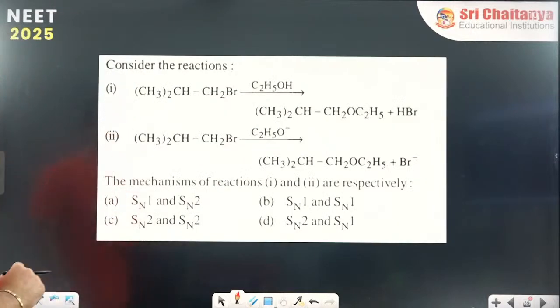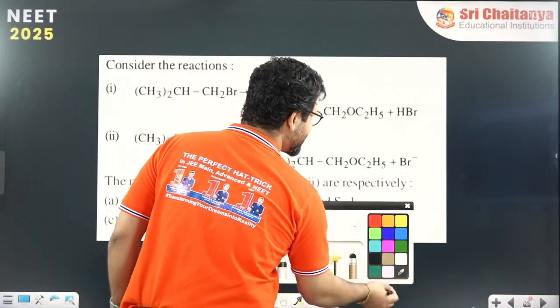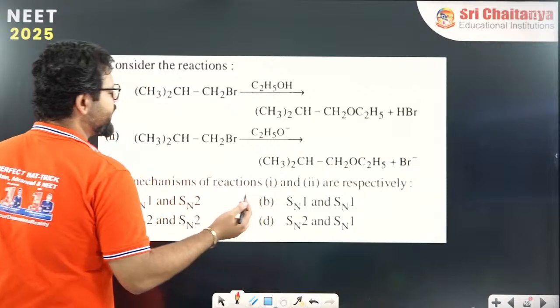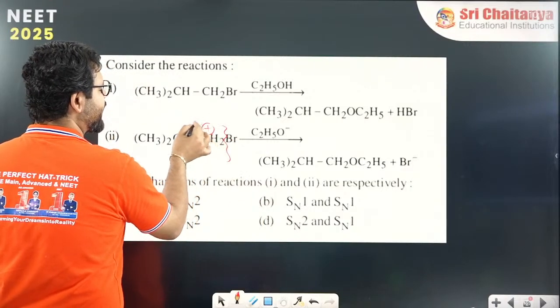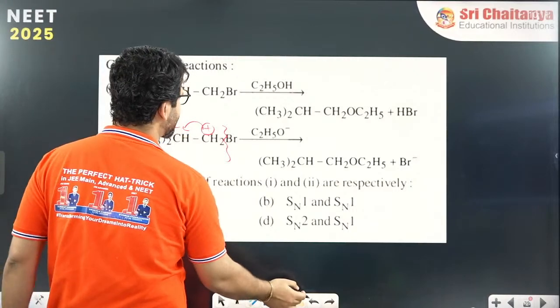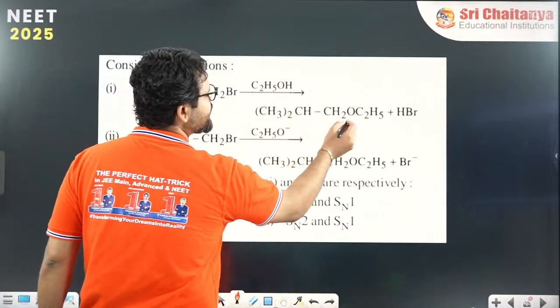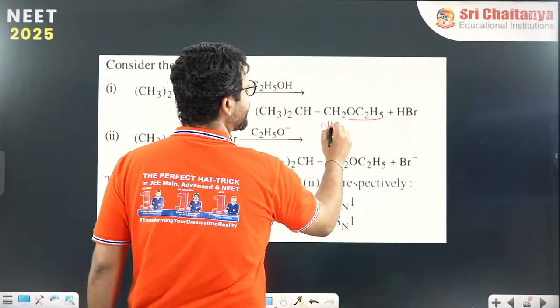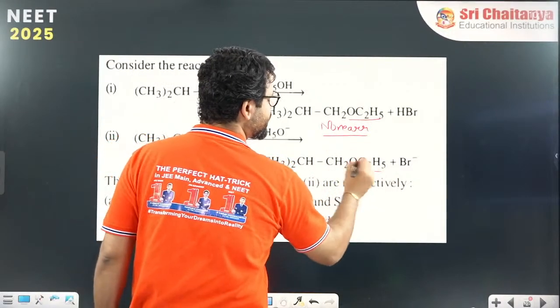These are a few reactions given and they are asking whether it is SN1 or SN2. Beta, if any reaction is SN1, it must undergo rearrangement. So here I will get a primary carbocation. Primary carbocation should become tertiary and then the nucleophile should attach if it was SN1. But if I see here, the final product has no rearrangement. Here also the final product has no rearrangement.